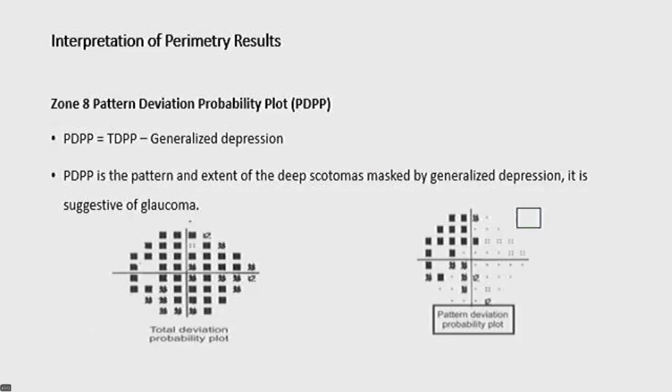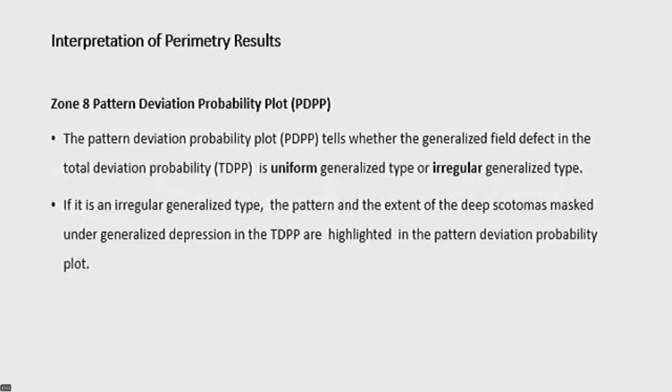So essentially, the generalized depression is all of the depression of glaucoma. But the pattern deviation attempts to see in all this darkness, is it just the media opacity or is there glaucoma involved? So the pattern deviation probability plot helps us to determine, when you remove the presence of generalized depression, is there some glaucoma field defects as well?